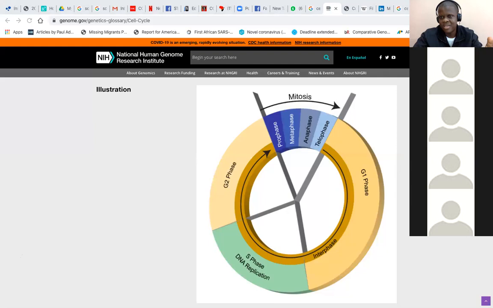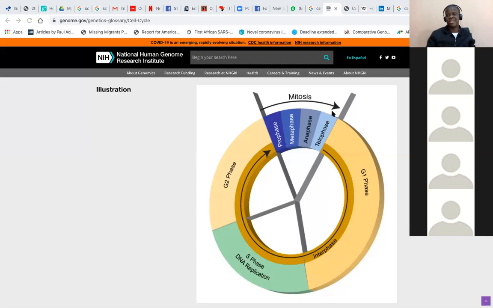The mitosis phase that some of you may be aware of is just a small aspect of the full picture of the cell cycle. I want you to put this into consideration.